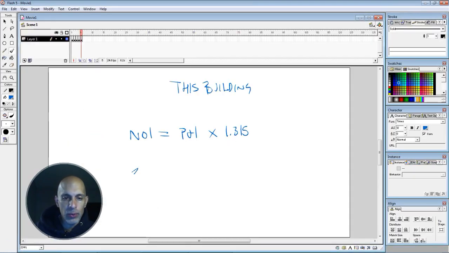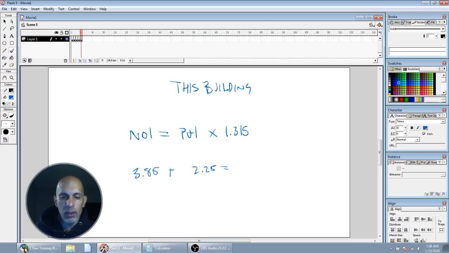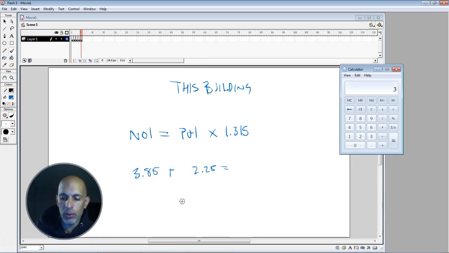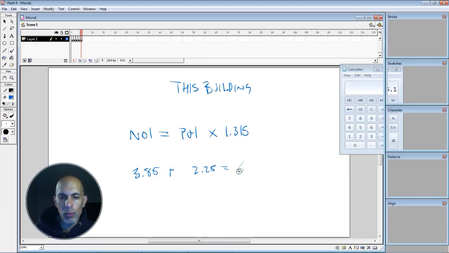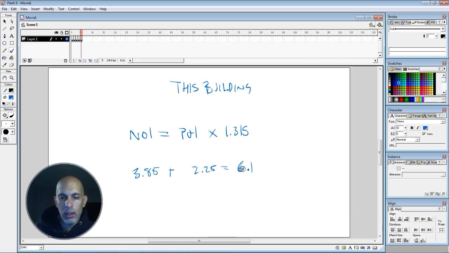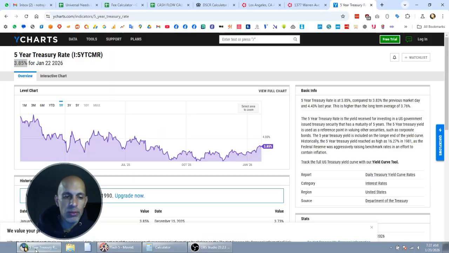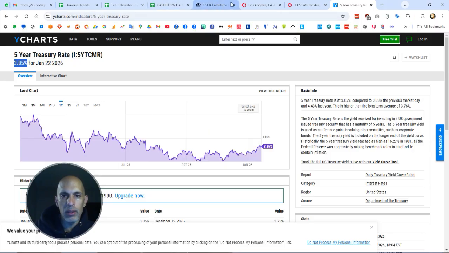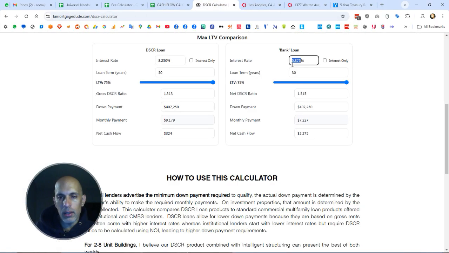So we go 3.85 plus 2.25, which is 6.1. And if you compare this to my older videos, you'll see that interest rates are actually going up. So we had to punch in 6.1 here, and that might affect the down payment.